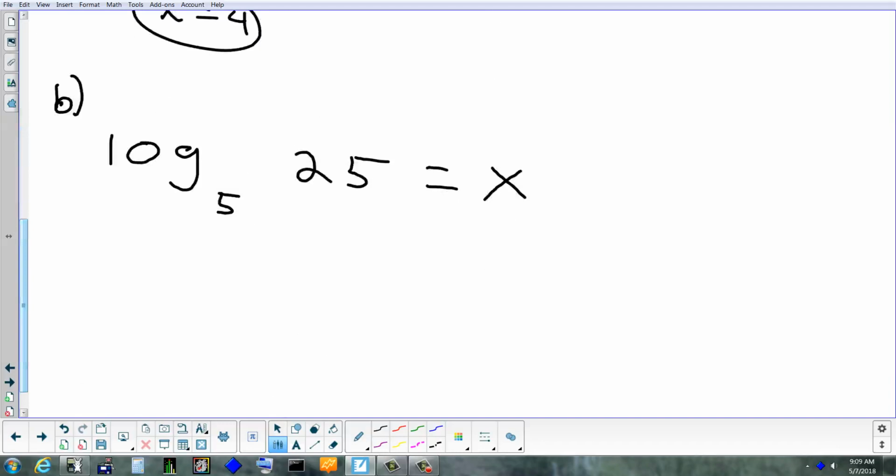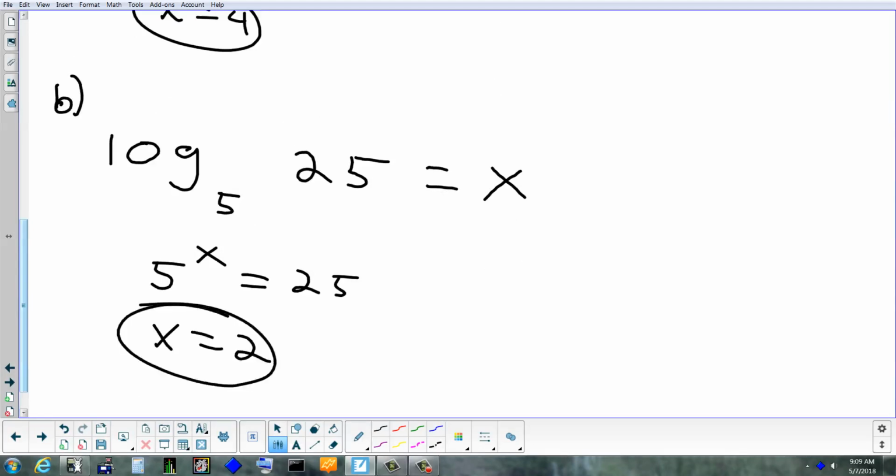But if you want to write it out, 5 is your base, x is the exponent, 25 goes on the other side. So Emma, what would x be here? 2. So any questions on those? Those are our first 2 problems we've solved with logs. You don't need a calculator, but eventually there'll be some you do.